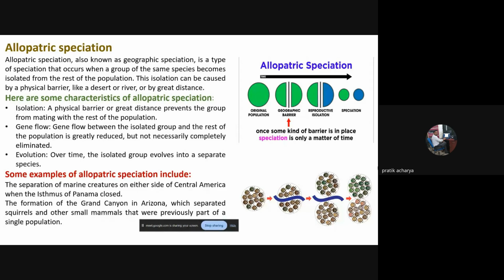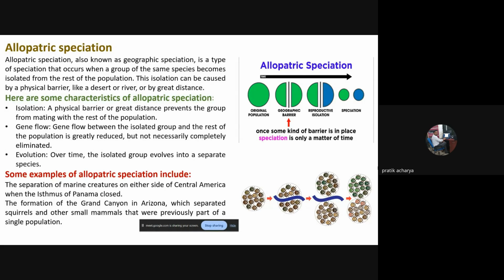So the characteristics of allopatric speciation: allo means other, patric means homeland. How does allopatric speciation happen? A physical barrier like a river, mountain, glacier, desert splits the original population into two groups. Independent evolution is also another cause, as each group faces different environments, mutations, and natural selection pressure.